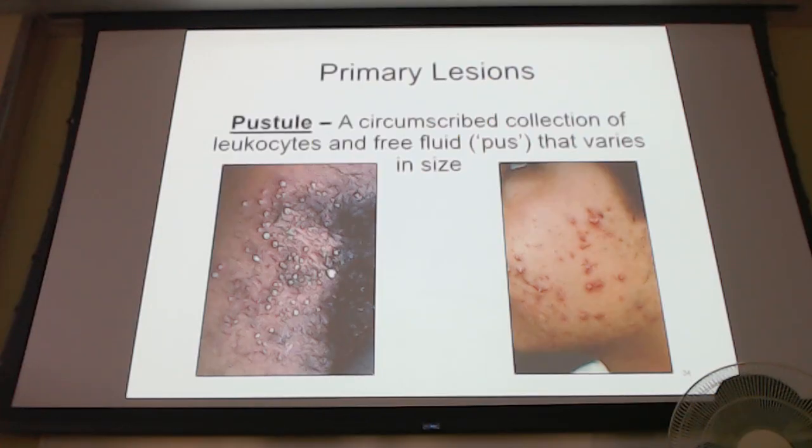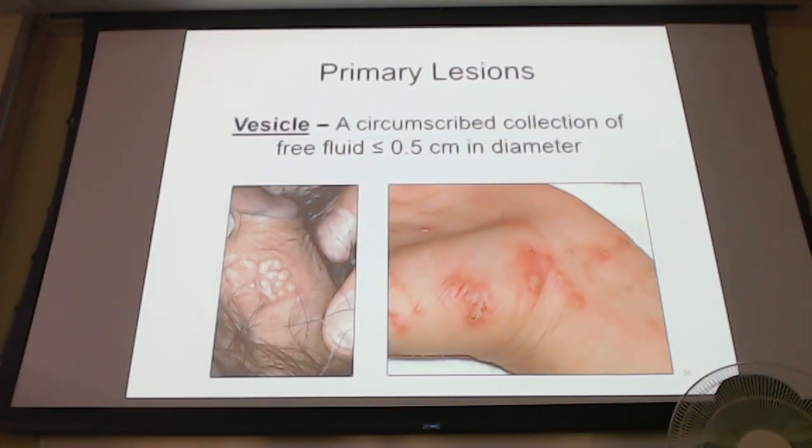Pustule, specific to this one, is that free fluid. So that's the pus that is with that being a pustule. Vesicle, grouped on an erythematous base, chlamydia. Okay, so free fluid, less than or equal to 0.5 centimeters in diameter.